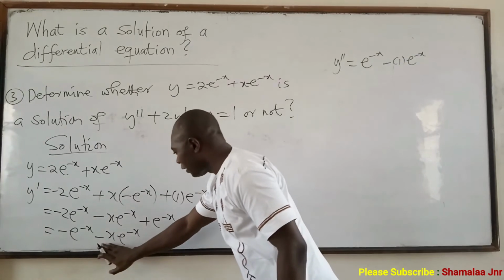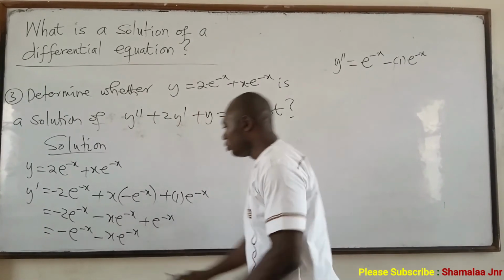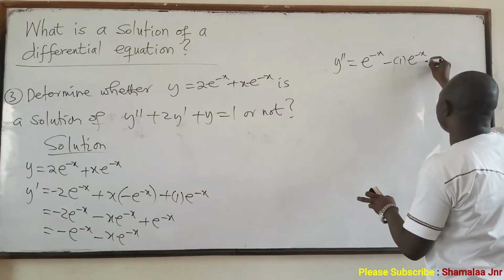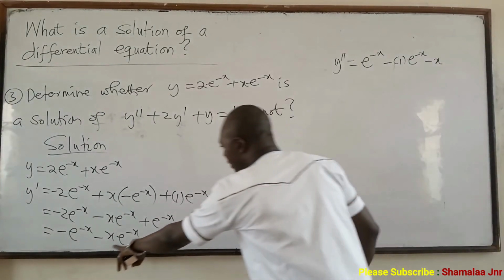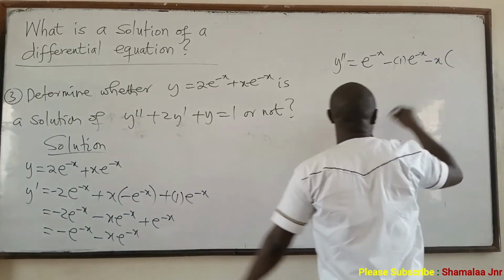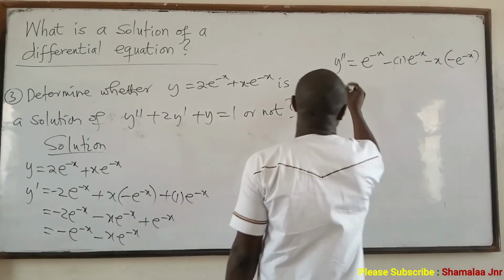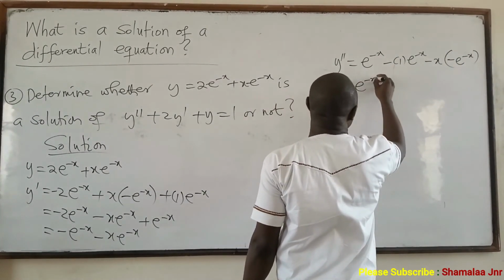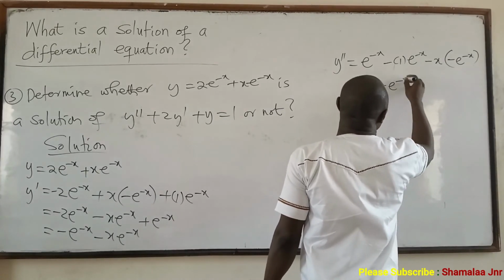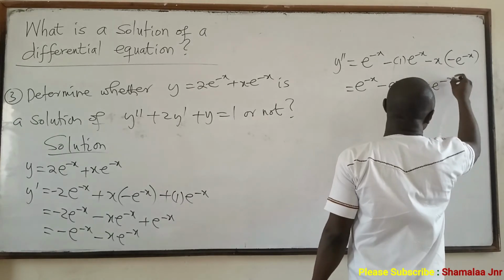Now, so I've differentiated the first one and maintained the second one. So I'm going to do the reverse. The reverse is this. Negative x, I'm maintaining the first one and differentiating the second one. If you differentiate the second one, I'm going to get negative exponential of negative x. So this is equal to exponential of negative x, negative exponential of negative x, negative, negative, positive x exponential of negative x.